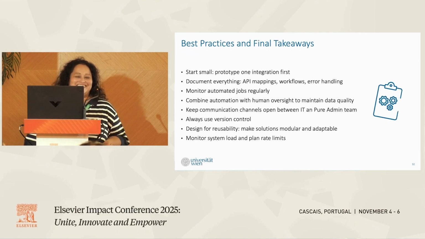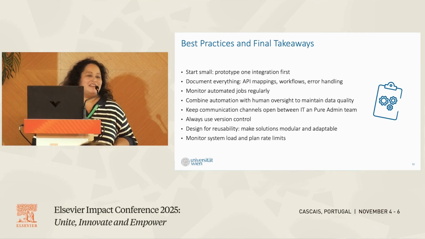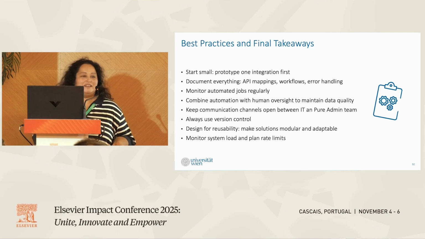Before I end, I want to give you some best practices and final takeaways. Some of them sound really easy, but are useful. It's good to start small, to prototype first, and then to get bigger.